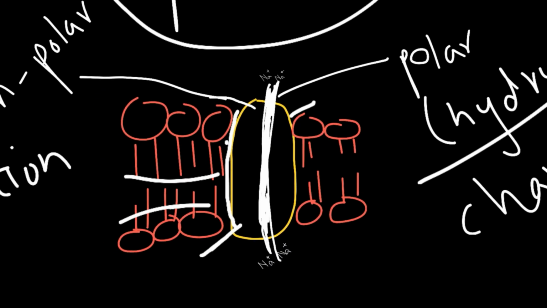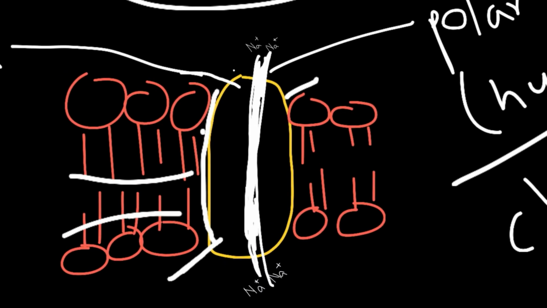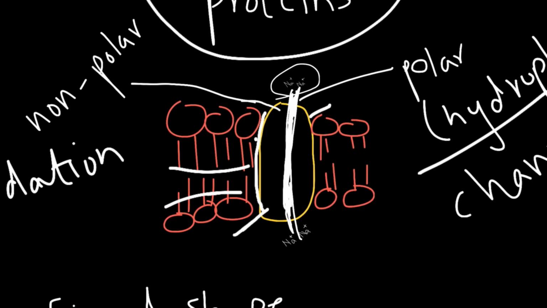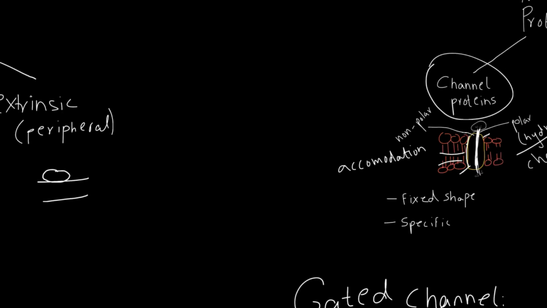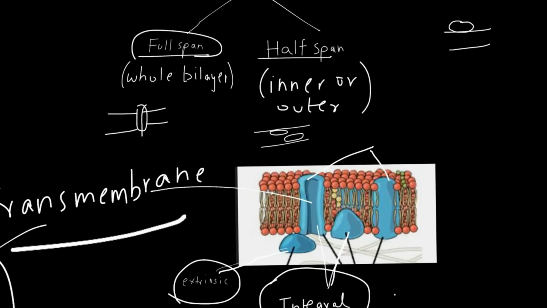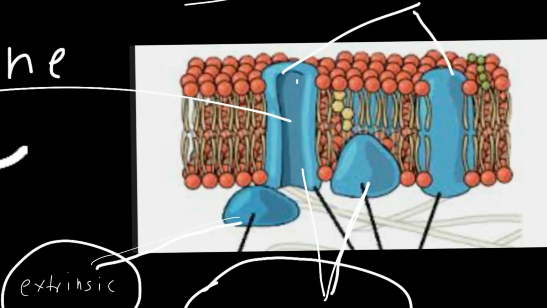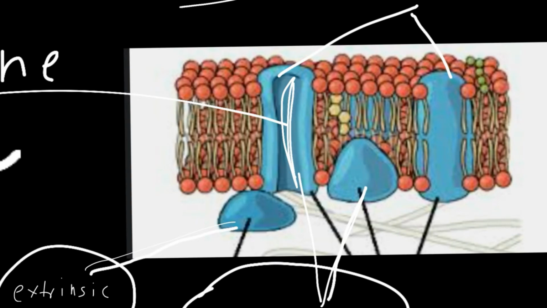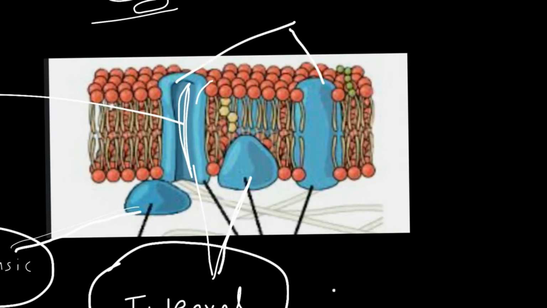For example, glucose can travel through this, and mineral ions such as sodium ions and potassium ions can travel. So the sodium ions go through this very thin polar region, and you can see this in the diagram as well. So this is a channel. Through this channel the polar substances can pass through. However, this is still a non-polar protein.